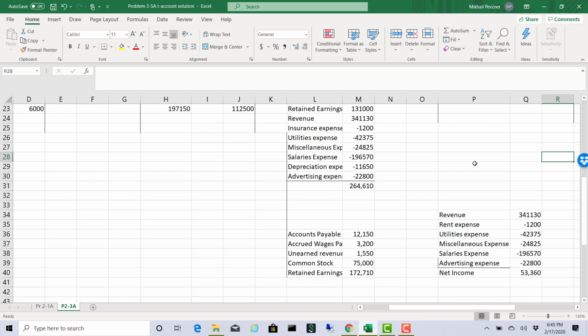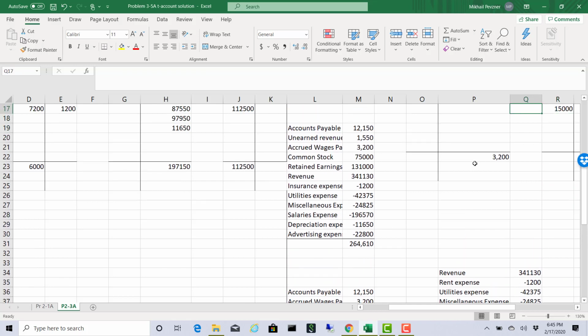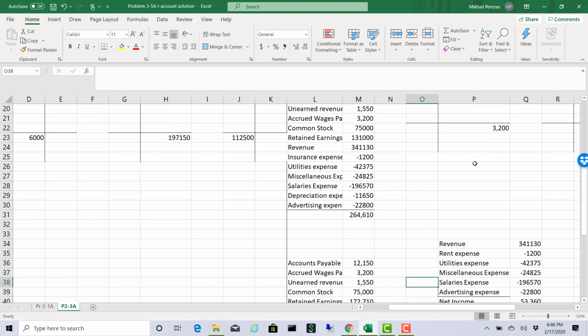Okay, so now this is essentially my balance sheet and income statement. I want to make sure I'm not missing some fields, so let me copy this here. This is my income statement right here.